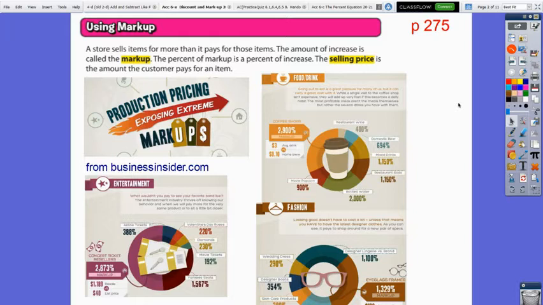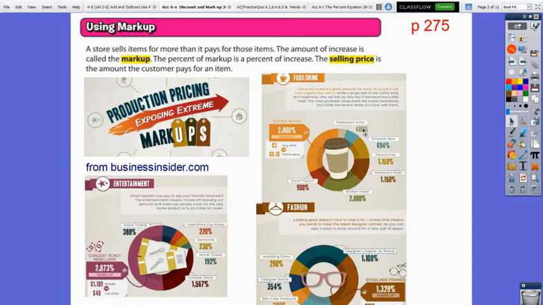Here are some examples, and you can see that some of these are very significant. Wine at a restaurant, for example, 400% markup. Which means that if the bottle of wine costs the restaurant $1, then they charge the consumer $5, marking up the price of the wine 400%.